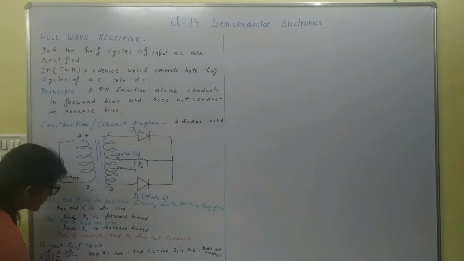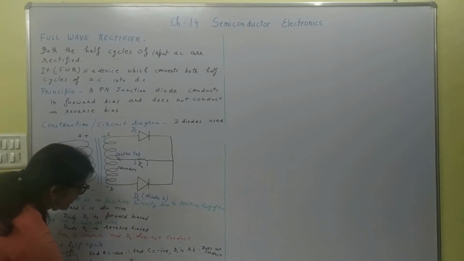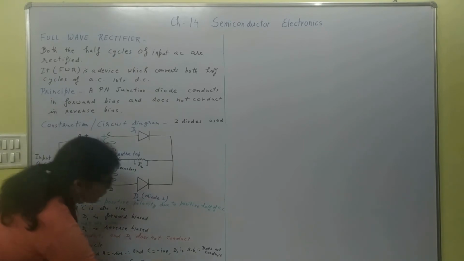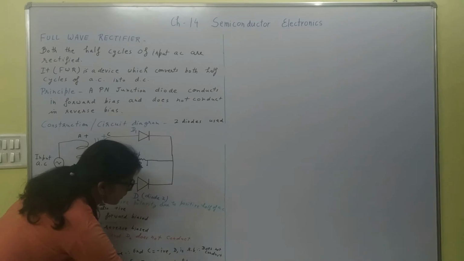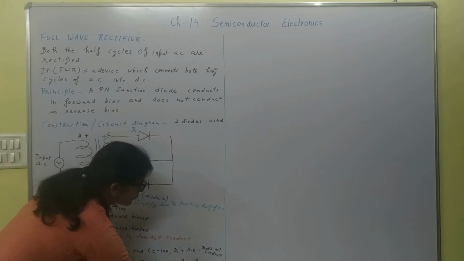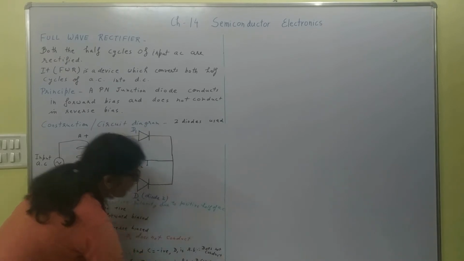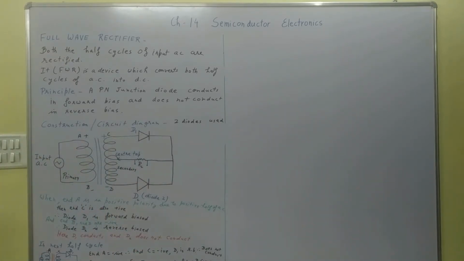And here B is positive and D is positive, therefore D2 is forward biased, therefore D2 conducts. So this is the construction and this is the working.